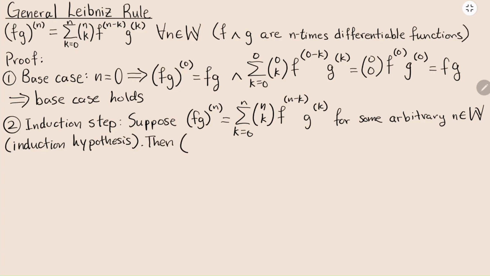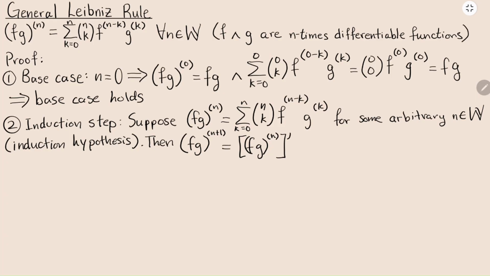Let's look at the (n plus 1)th derivative of fg. Okay, and this is equal to the derivative of the nth derivative of fg. When we take that derivative, that will give you the (n plus 1)st derivative.